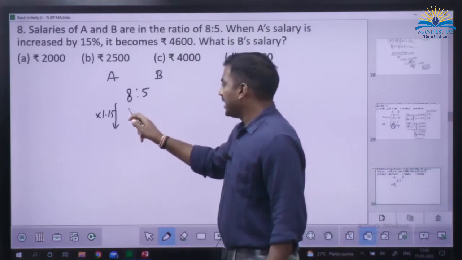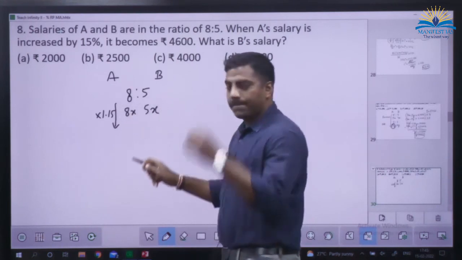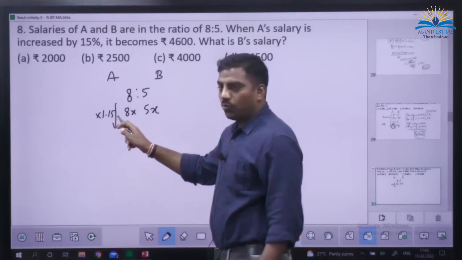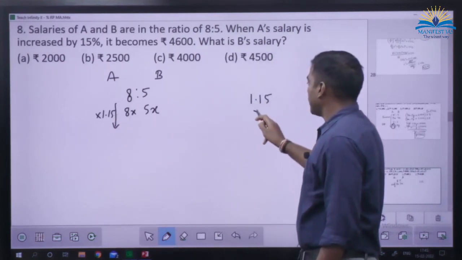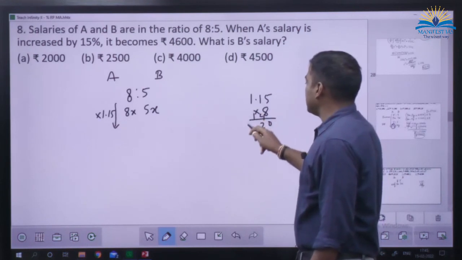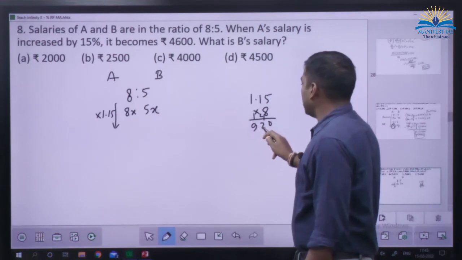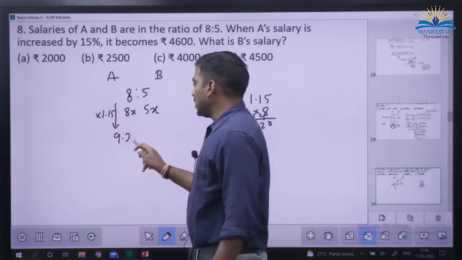So basically we'll take this as 8x and 5x here. When you multiply by 1.15, 1.15 into 8 is 9.2. So 9.2x it will be.